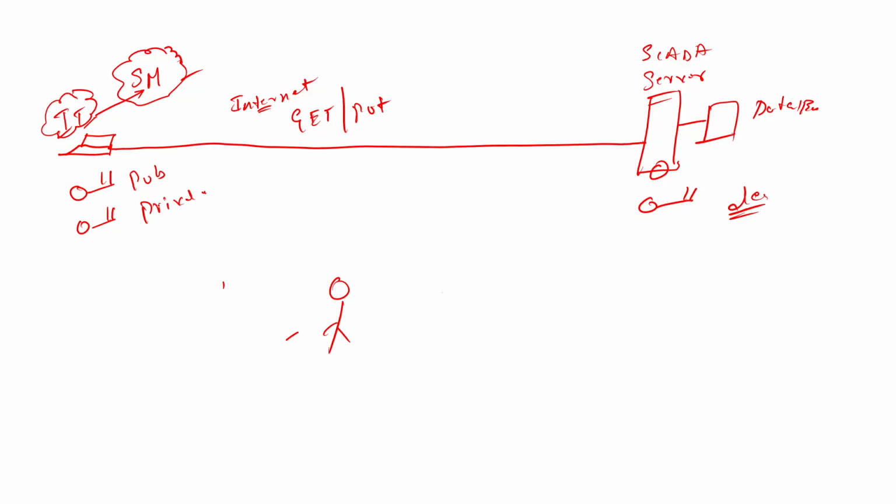The initially encrypted credentials will be sent to the server, and after that we will be sending the private key, and again the public key will be sent after encrypting this by using the private key, so that the SCADA can decrypt back the credentials, and the login details can be given to this person for the configuration of the smart meters. Correct. So this is one of the ways we can do it, but before that, these keys can be generated by using OpenSSL or something.